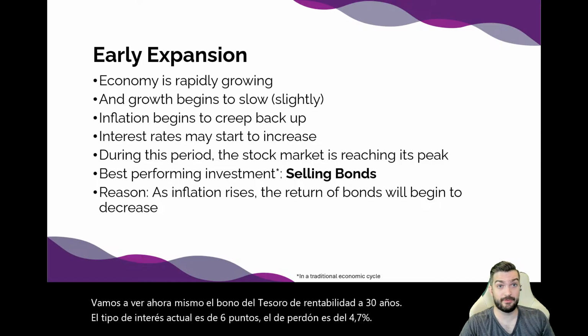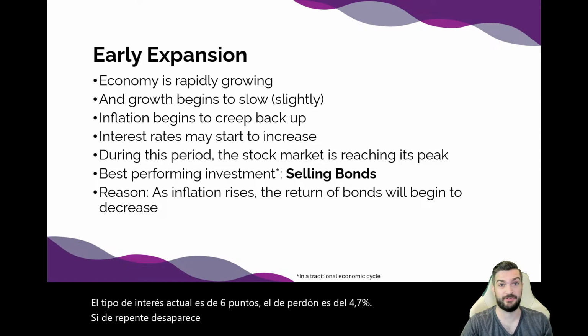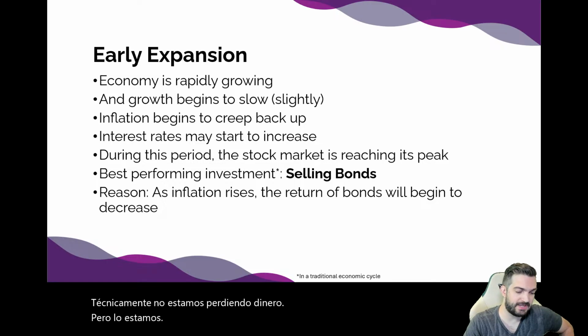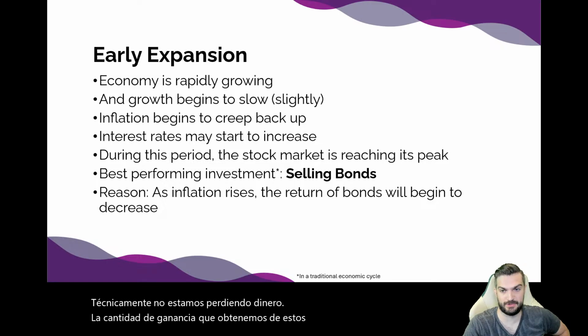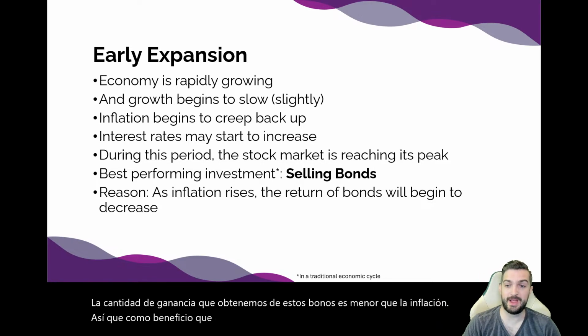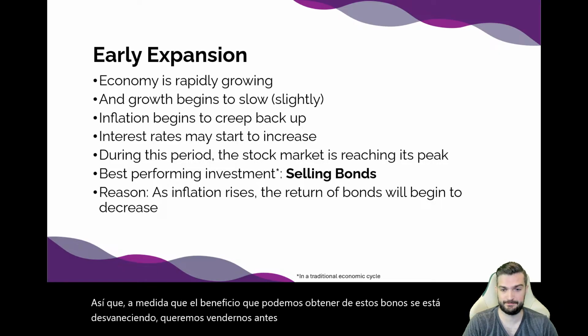If inflation all of a sudden goes above 4.7%, we're not losing money technically, but we are. The amount of gain that we're getting from these bonds is lower than inflation. So, as the profit that we can get from these bonds is going away, we want to sell out before that profit gets too small.